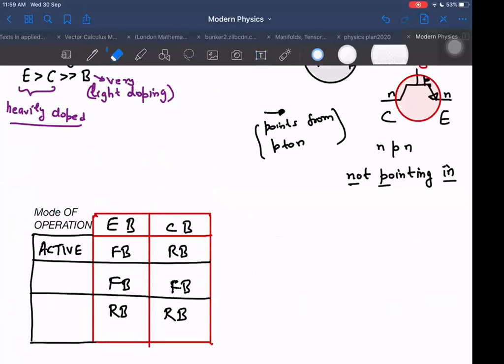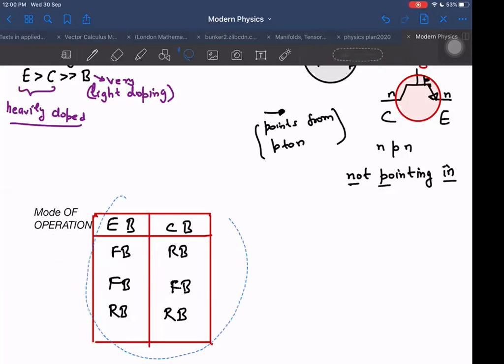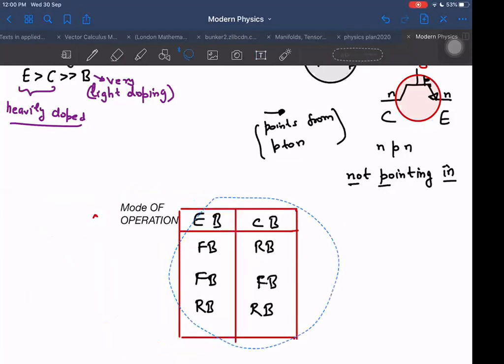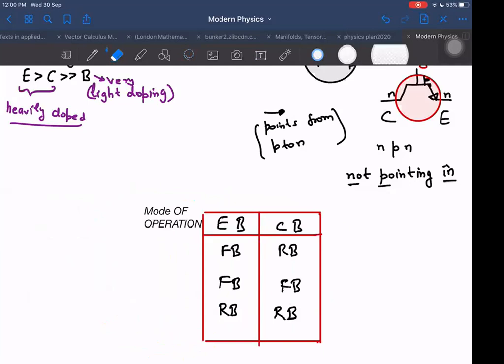Number one is active mode. Second one we call the saturation mode of operation. Third one we call the cutoff mode of operation.